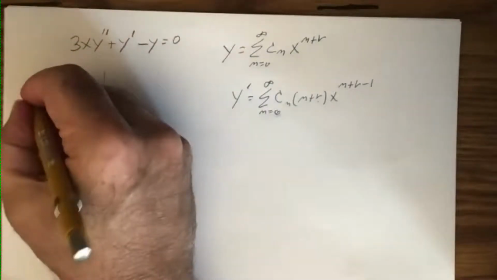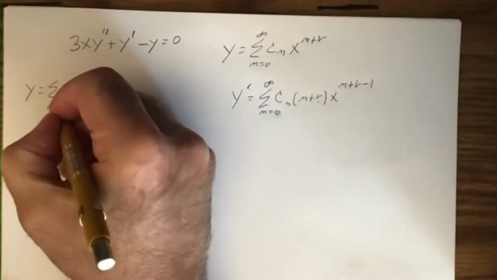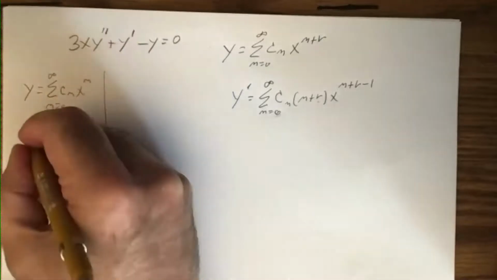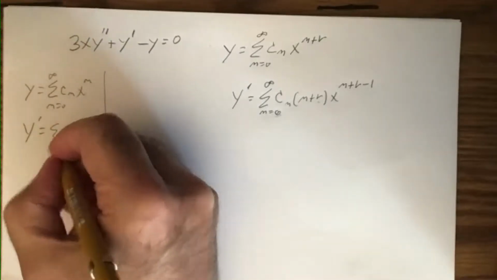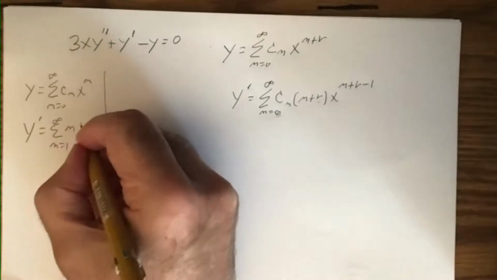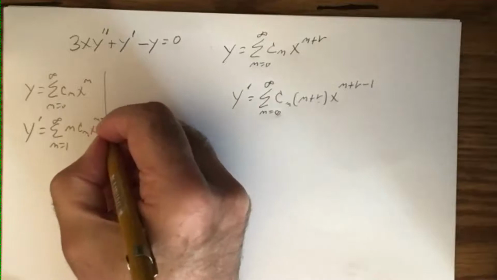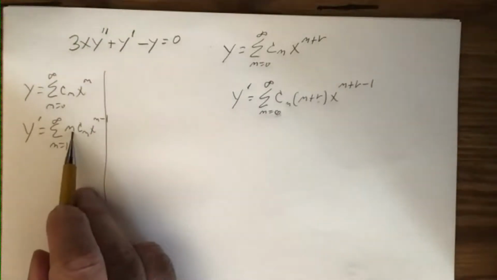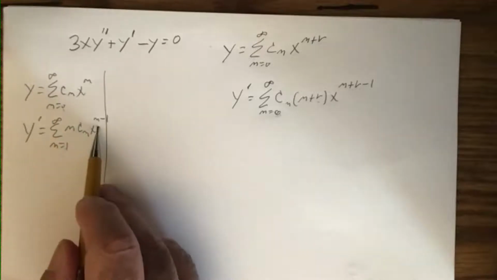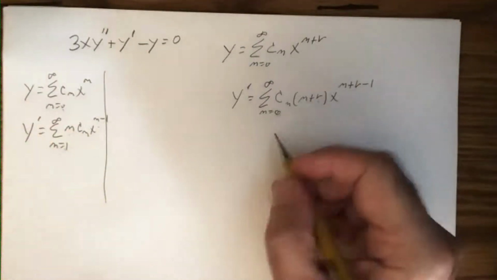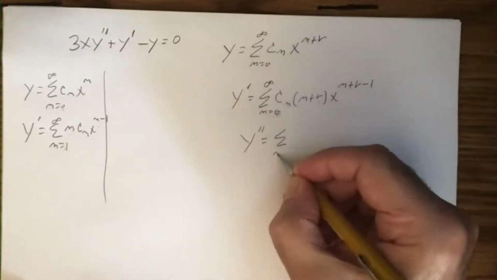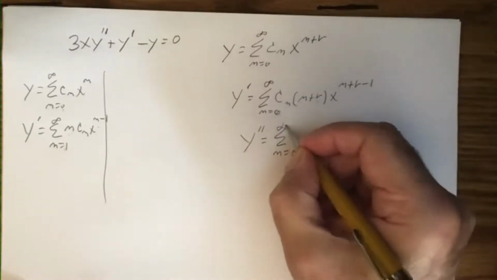Like yesterday, we did this, and then we did this. I could start this from 1 because when n is 0 this is going to be 0, but I can't do that now. Hopefully everybody understands that. So I'm going to start this from 0.